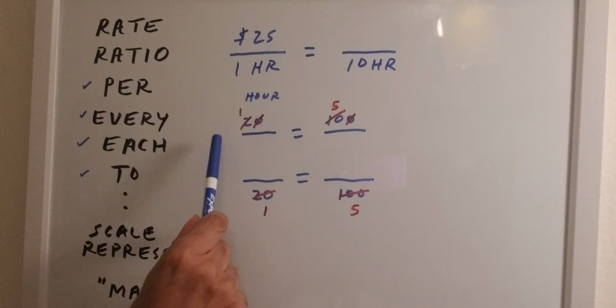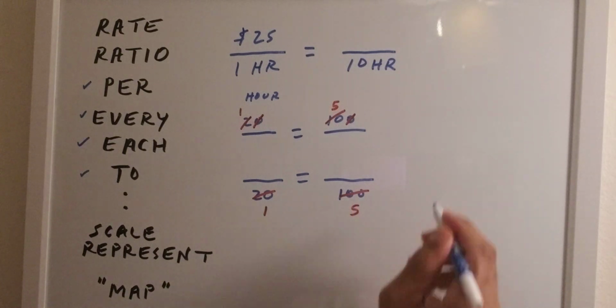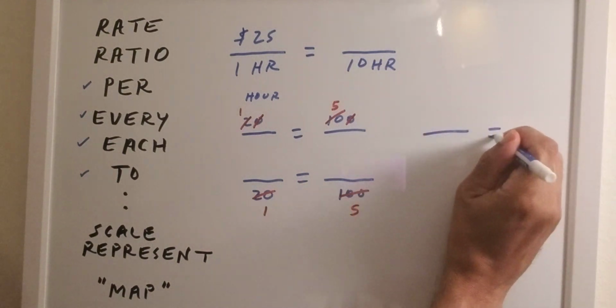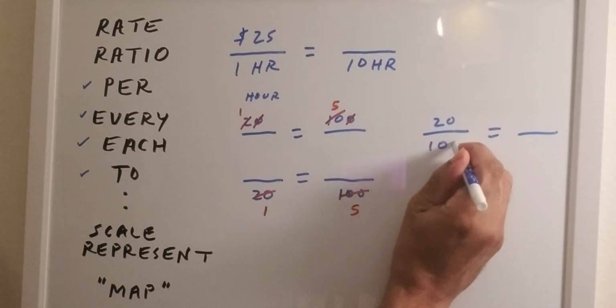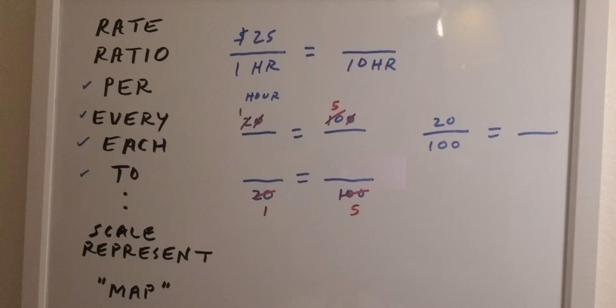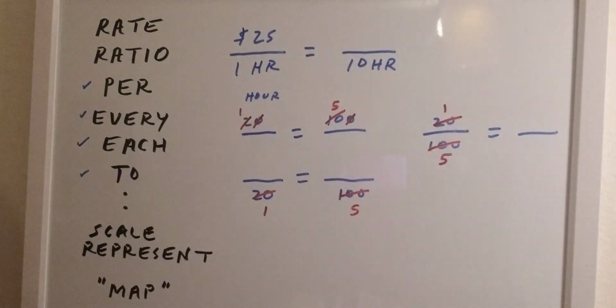So I have simplified numerators, I have simplified denominators. You can simplify the left side of your proportion. Maybe the 20 and 100 are within the same fraction. This will simplify to 1 and this will simplify to 5.